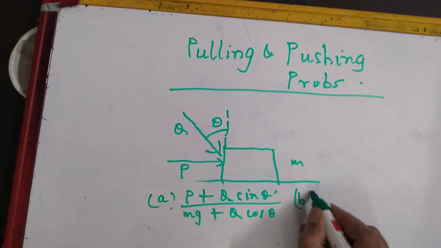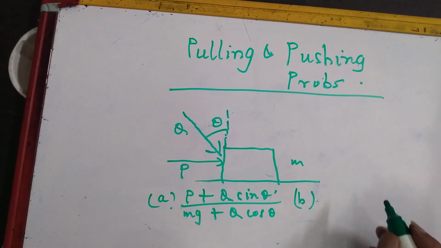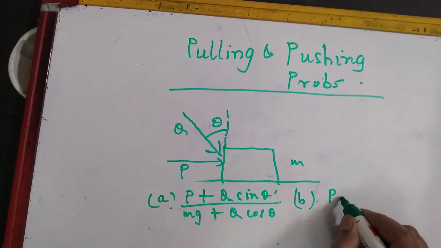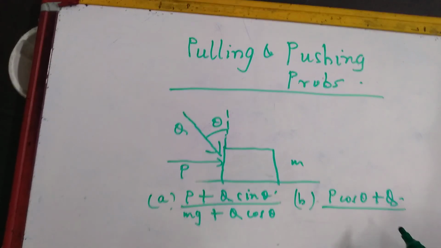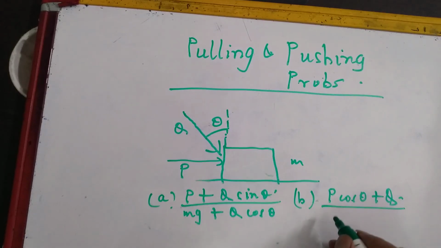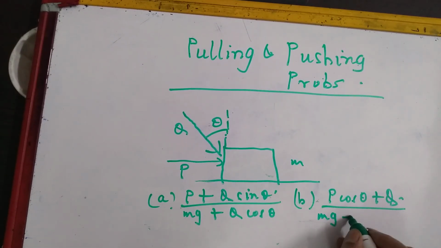B, P cos theta plus Q by mg minus Q sin theta.